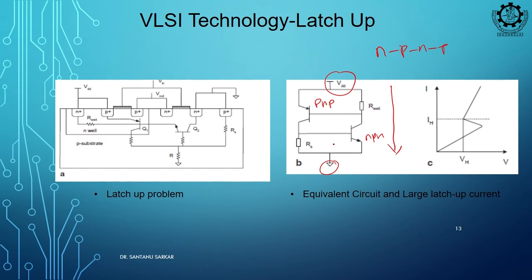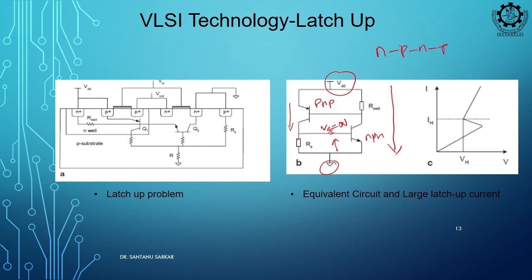So, this VB, where it gets turned on, is roughly 0.5 to 0.7 volt. Suppose this VB voltage is reached, this BJT will turn on, right. How could it turn on? Suppose some current is flowing through this.